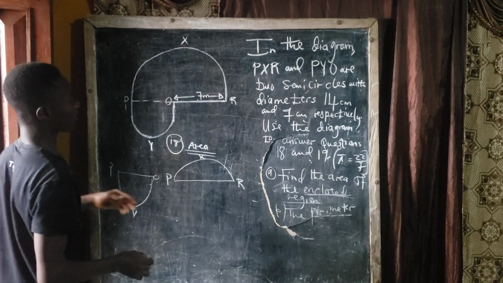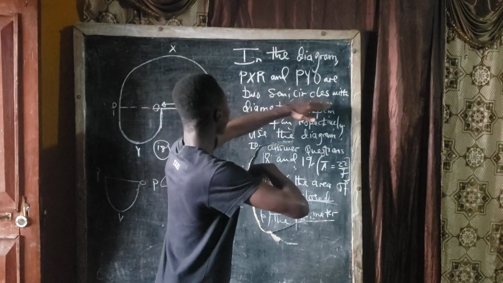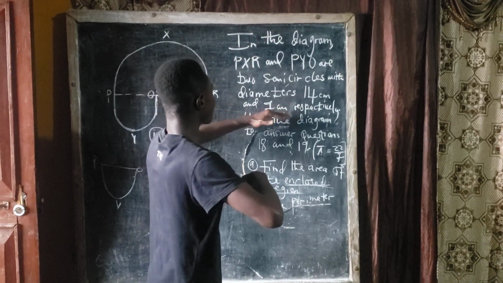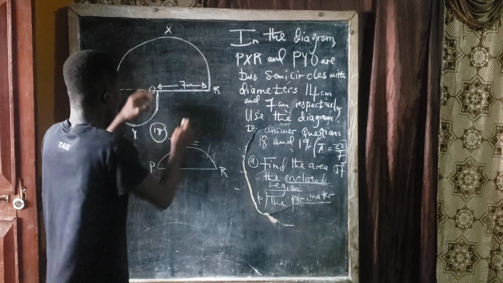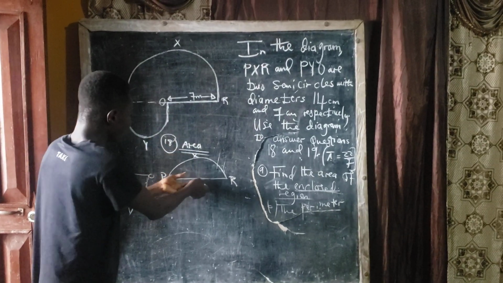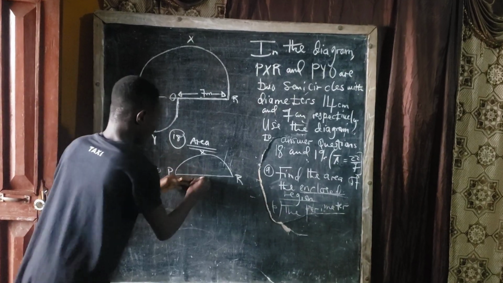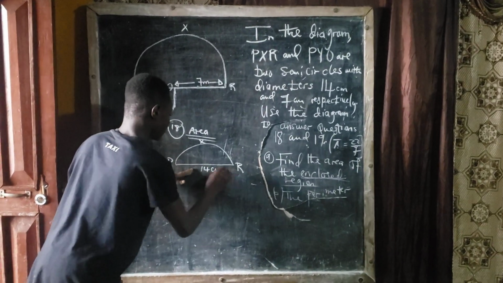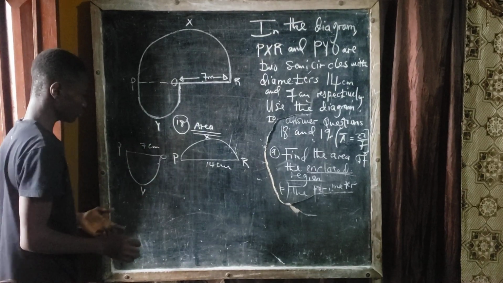From the question, we are told the semicircles have diameters of 14 cm and 7 cm respectively. So this first one has a diameter of 14 cm, and this one has a diameter of 7 cm.